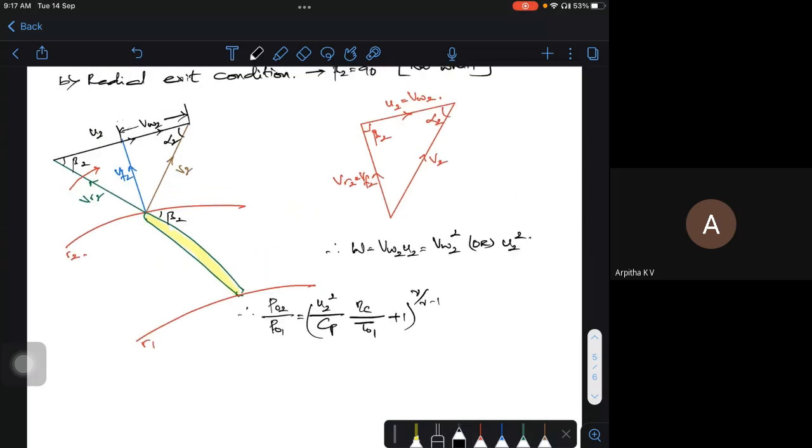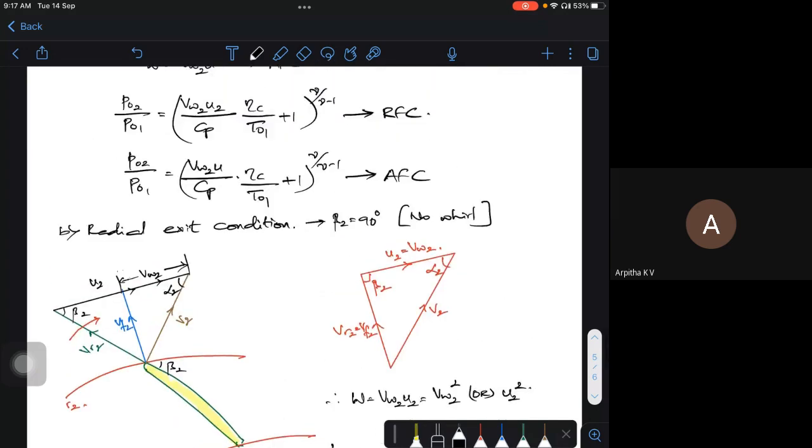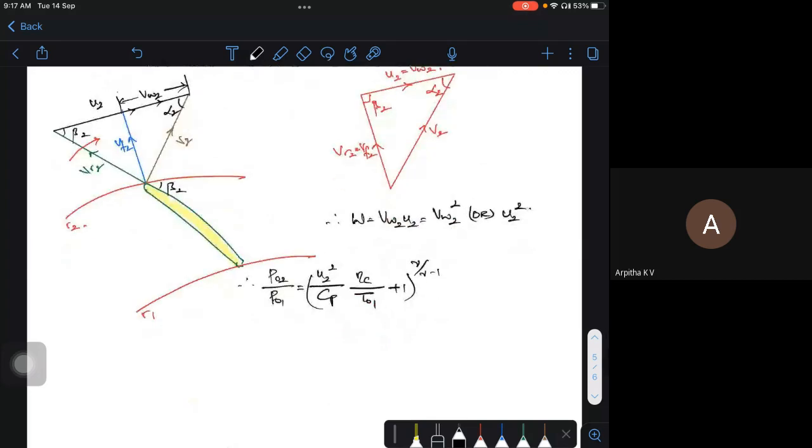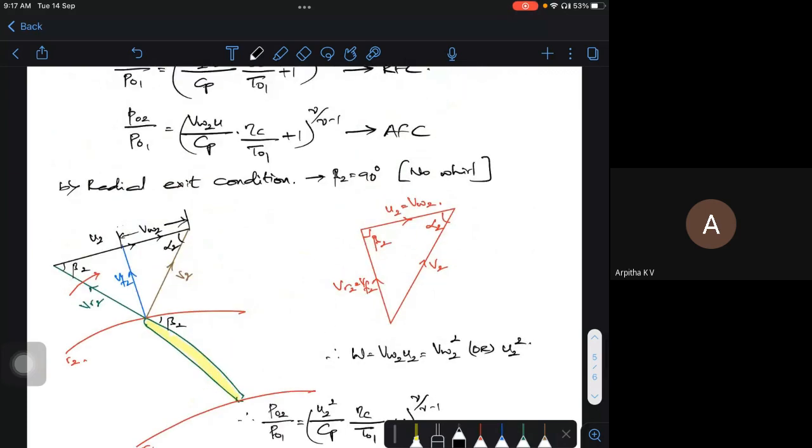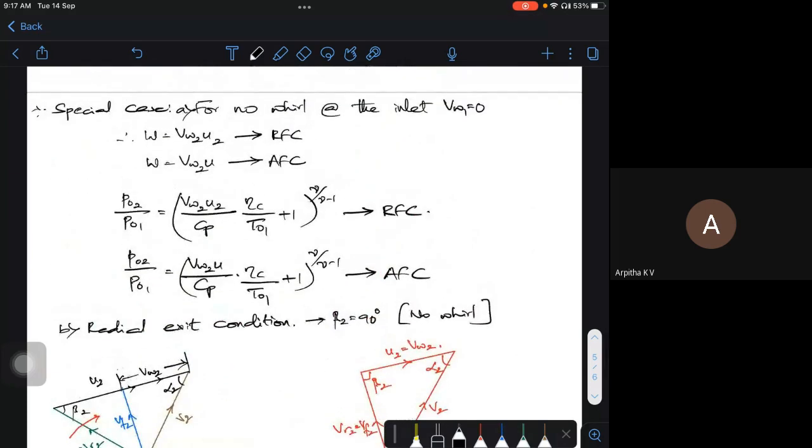I can have a similar thing for an axial flow compressor, but there you don't have any radial exit. The flow is axial in nature. So this is only a special case for a radial flow condition. There you can only have the whirl be zero, that is, a no whirl condition, so your VW1 can be zero.